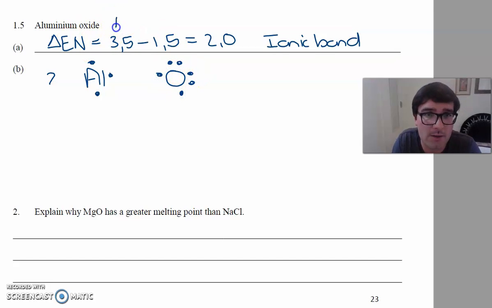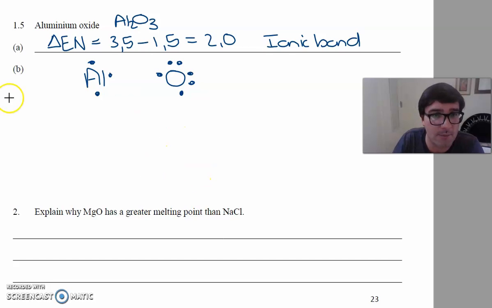Now, aluminium oxide will have the formula Al2O3. So we need 2 aluminium atoms and 3 oxygen atoms. To better indicate it, I think it's better to actually repeat these structures to indicate the transfer than writing out these numbers in front, where you can't see how these electrons will be transferred.